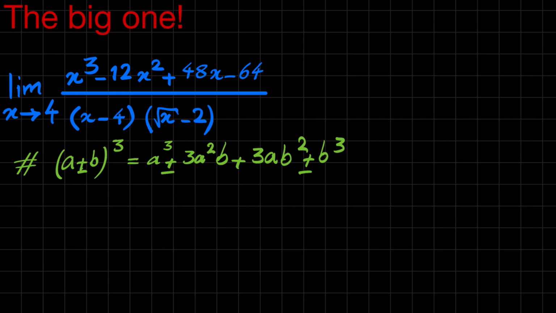So if we try to find a way to rewrite the denominator like that, we're just going to check if the cube root of x cubed is going to be x, and the cube root of minus 64 is going to be also minus 4.